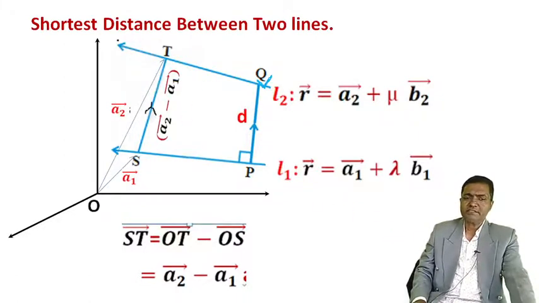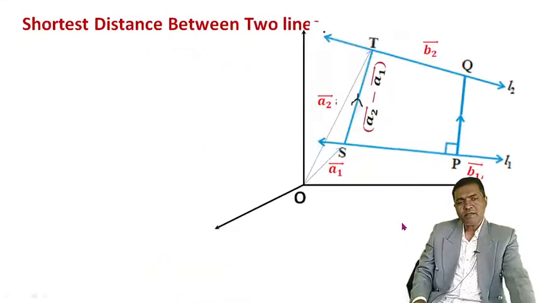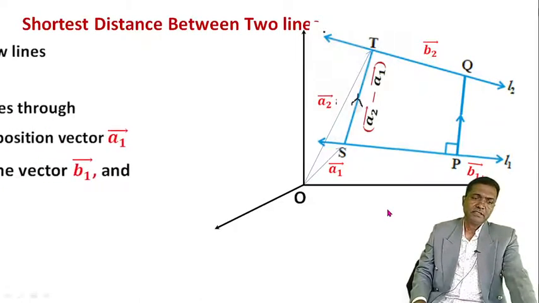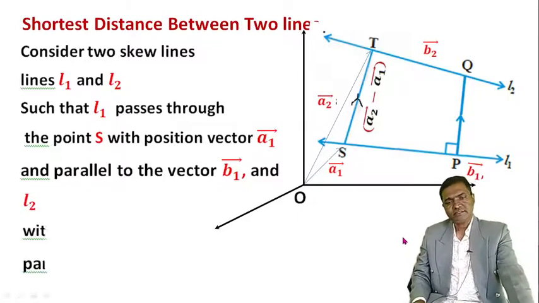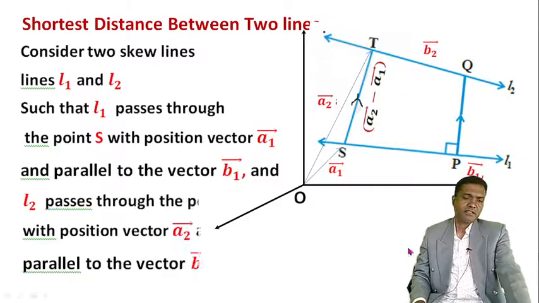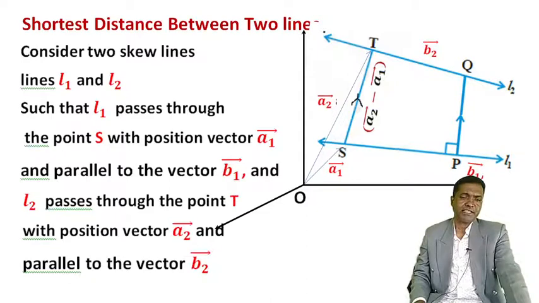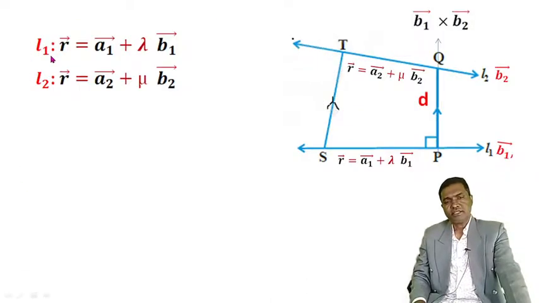Whatever I have explained in words, please note down this figure and write all these explanations by pausing the video. Okay, everything is explained there. So these are the two lines L1 and L2.